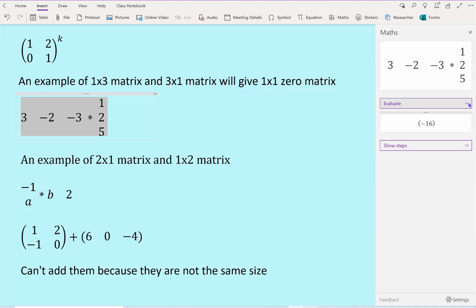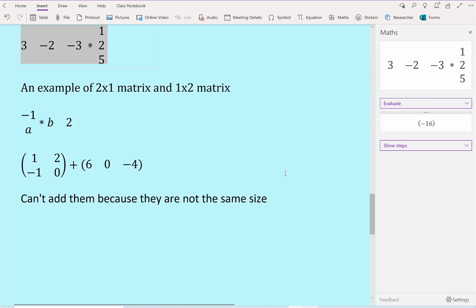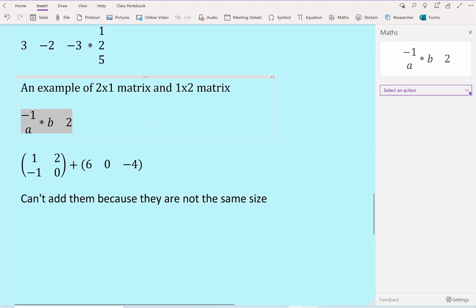This is the result, because I would expect the result to be 1 by 1, which is a single figure, minus 16. And then the next one, I would expect the result to be a 2 by 2 matrix. So press on math, evaluate again. Here we go, it's a 2 by 2 matrix.